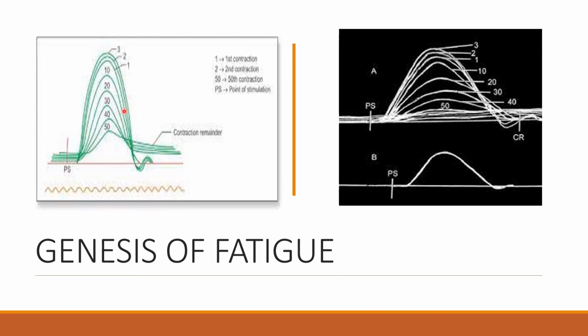The relaxation period is prolonging for further stimulations. Here for this last 10, 20, 30, these are the number of stimuli. You can see relaxation period is increasing and it is not touching the baseline.